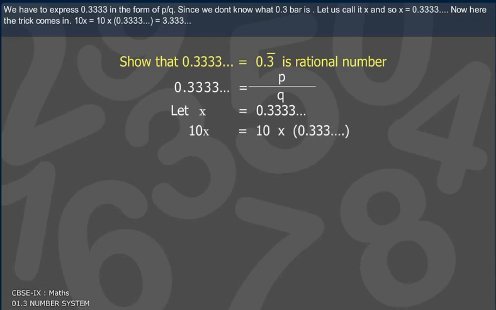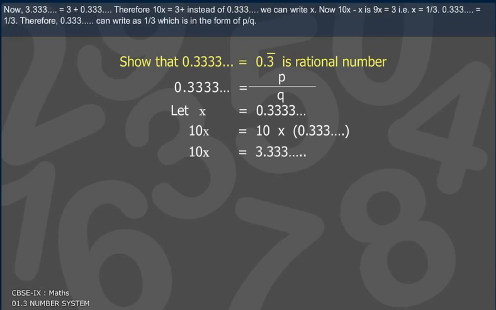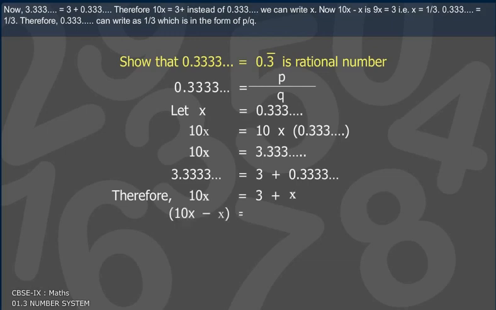10x is equal to 10 into bracket 0.3333, which is equal to 3.3333. Now, 3.333 is equal to 3 plus 0.3333. Therefore, 10x is equal to 3 plus, instead of 0.333, we can write x.